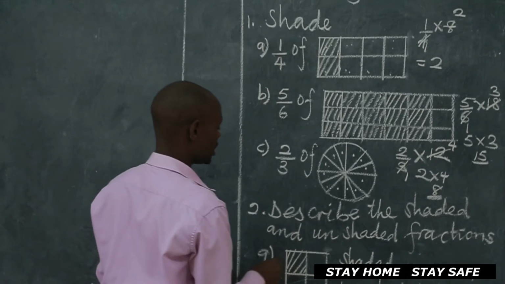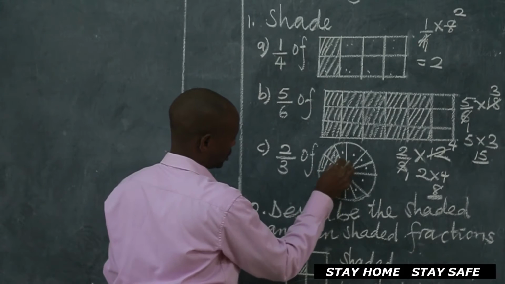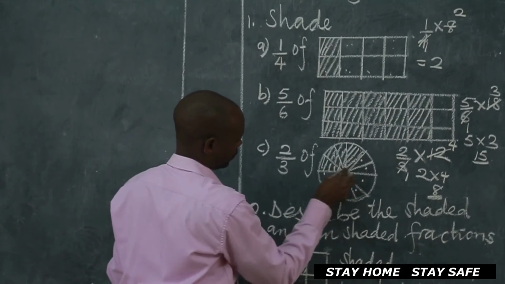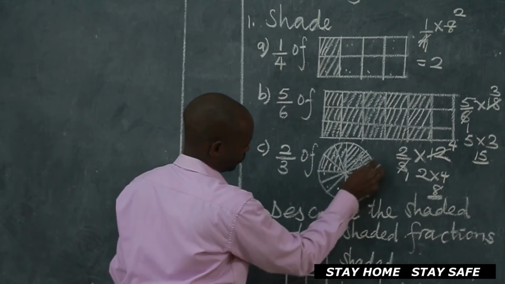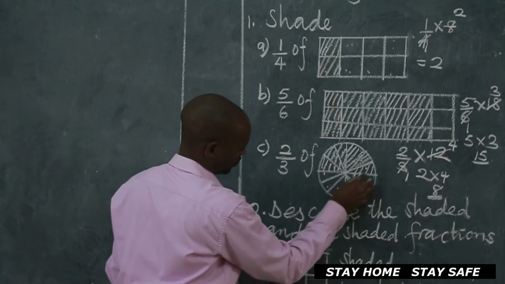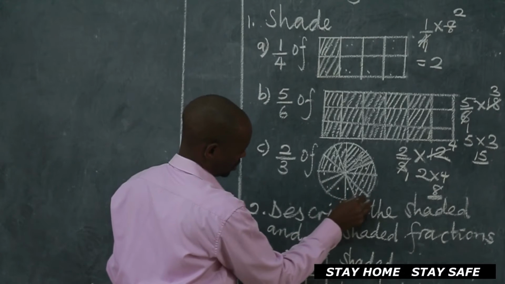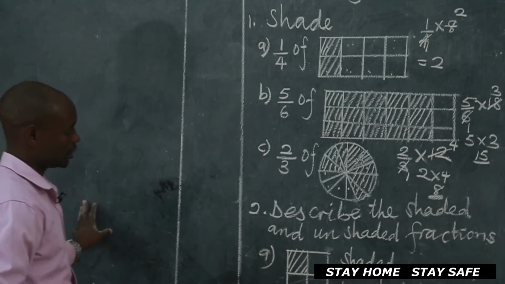So you come and shade 8 parts: 1, 2, 3, 4, 5, 6, 7, 8. So the 8 parts are now shaded.